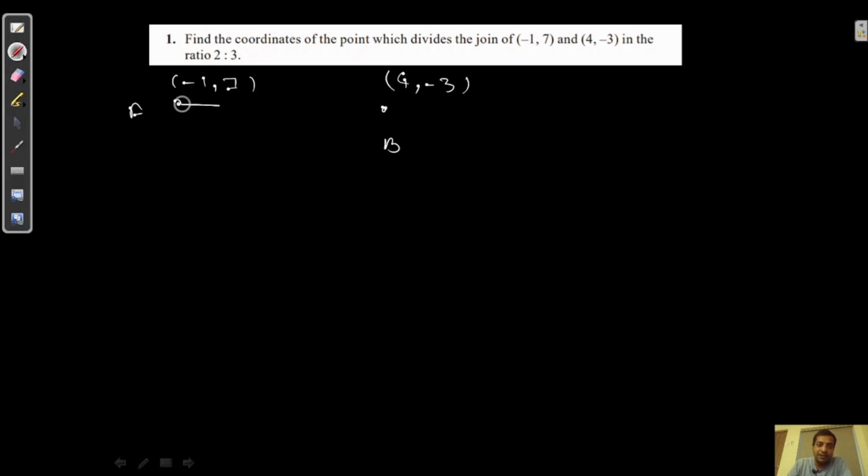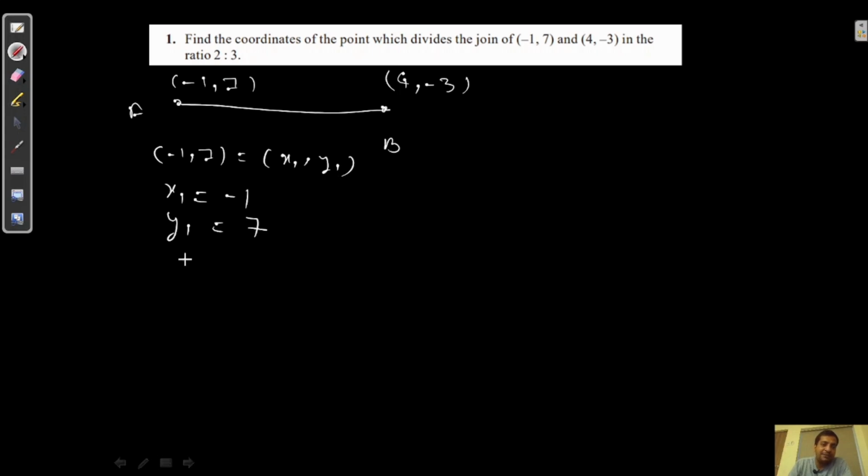Very good. Let us join the points. If I say -1, 7 is x1, y1, can you tell me the value of x1? Yes, it is -1. What is the value of y1? Very good, it is 7.